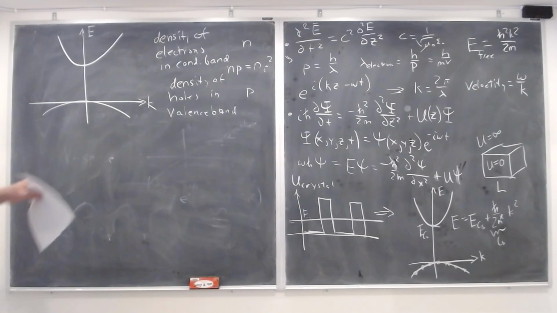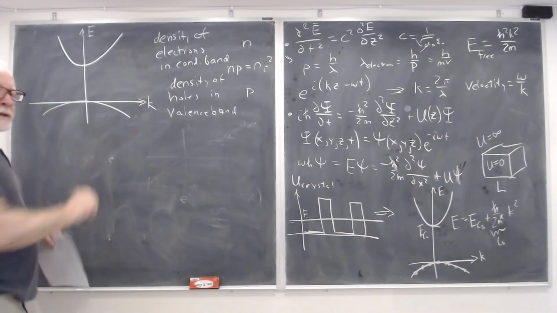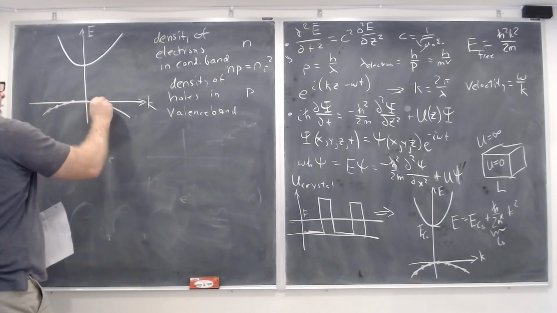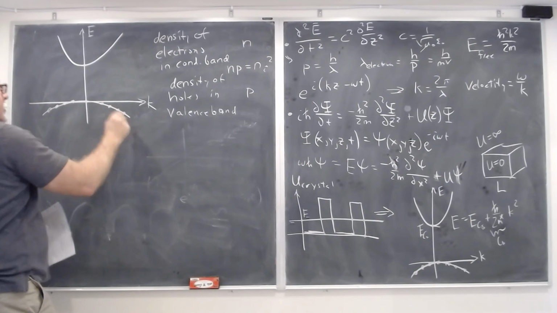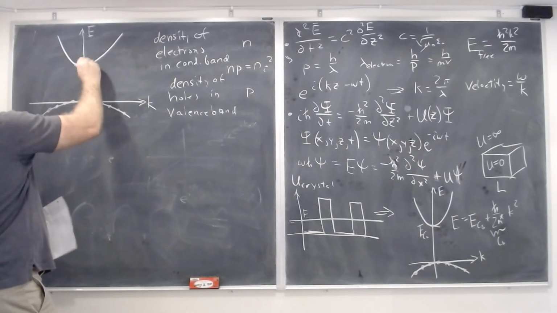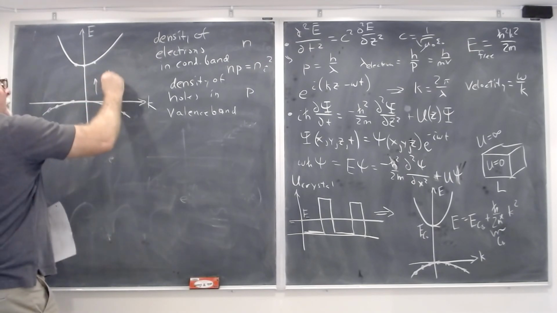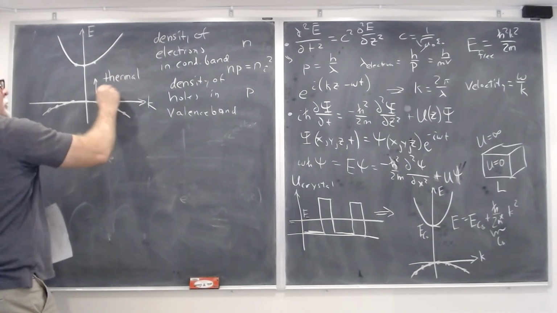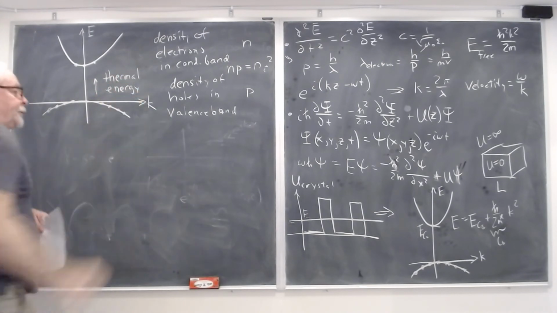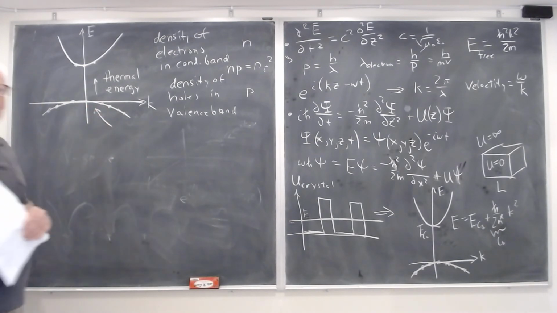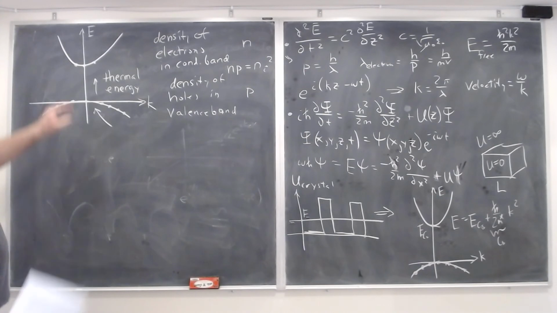Now, if a sample is undoped, pure, what's going to happen is that a few of these electrons will go up into the conduction band from thermal energy. Now, what you see here is that they have to be equal in that case.